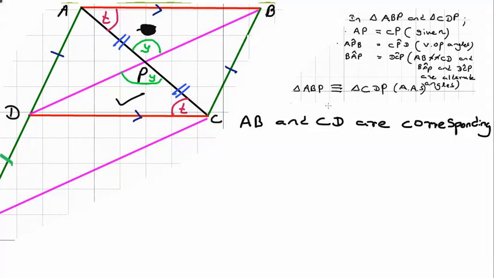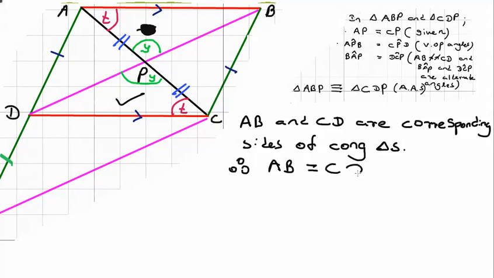So AB and CD are corresponding sides of congruent triangles. Therefore, AB equals CD. All right. So now we have proven that AB is equal to CD.